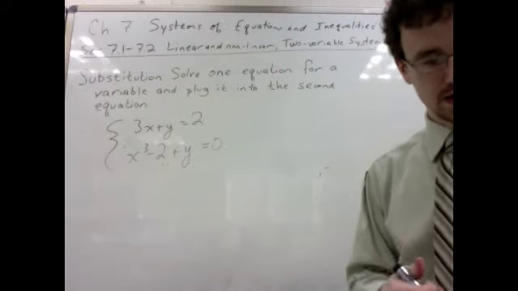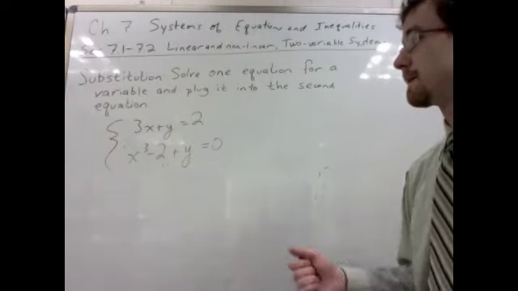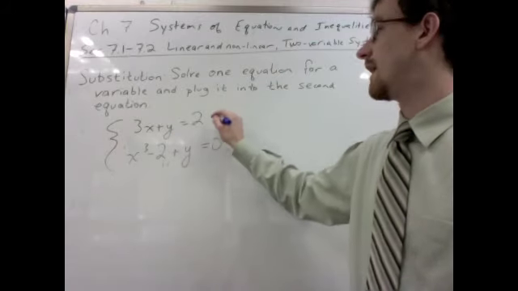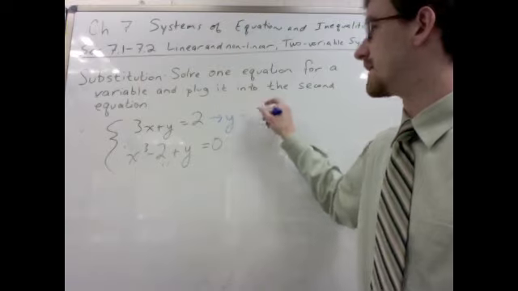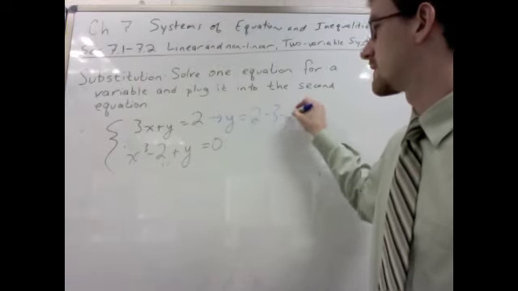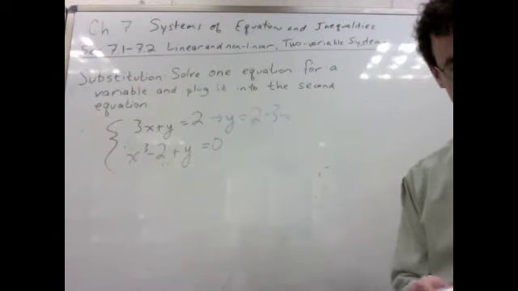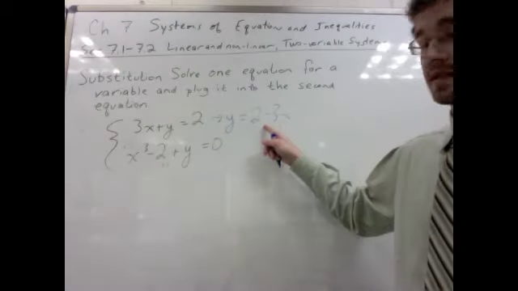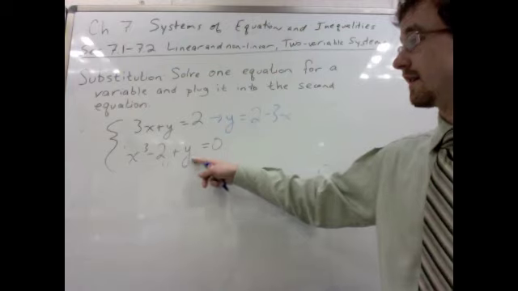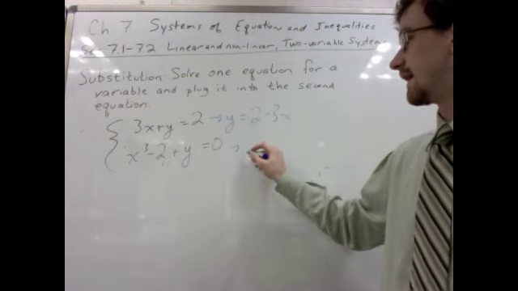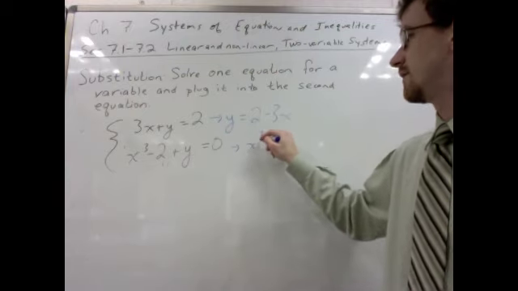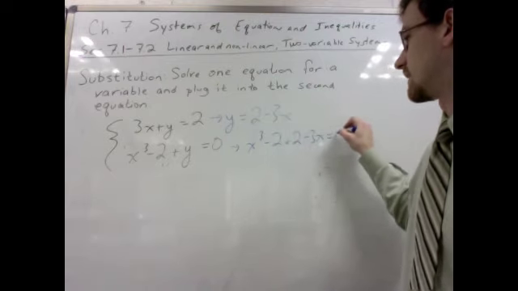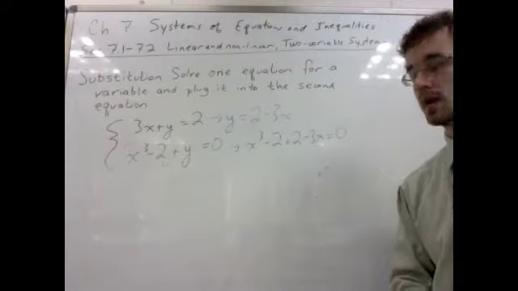Again, I'm going to solve it by substitution. I will solve this first equation for y simply by subtracting 3x from both sides of our equation. And then we can substitute this in for y in our second equation. That gets us x cubed minus 2 plus 2 minus 3x equals 0.